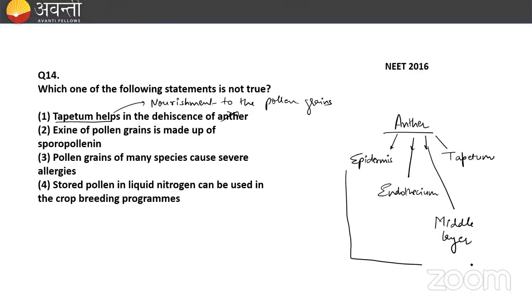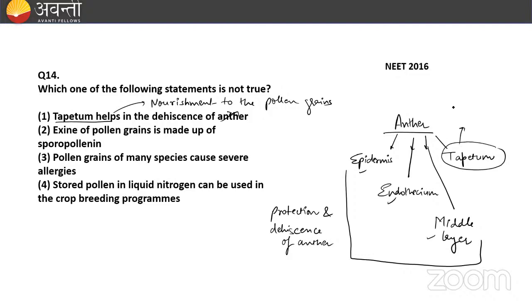Remember, these 3 layers, epidermis, endothecium, and middle layer, are involved in protection and in dehiscence of anther. Tapetum is the only layer which is involved in nourishment.